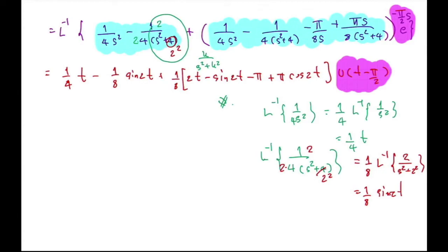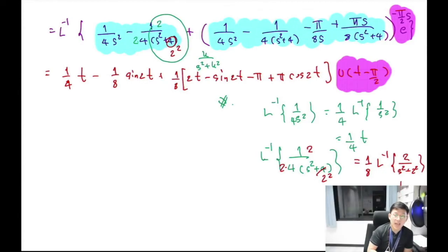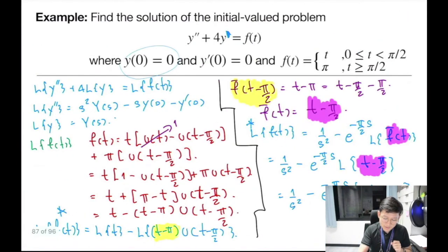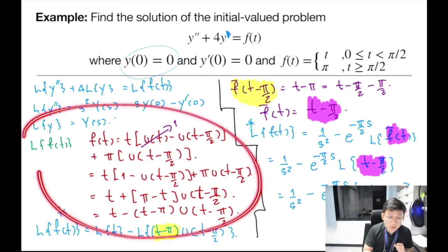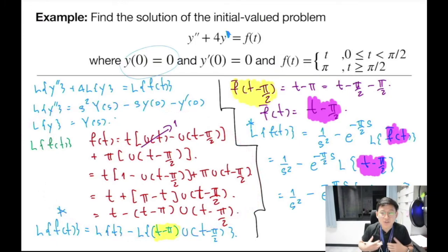Okay, and that is the answer. So guys, the applications are not actually very hard, but the hard thing is that first you need to be able to apply the Laplace transform. You need to master the Laplace transform first, because if you can't find the Laplace transform of these unit step functions, there's no need to go further.